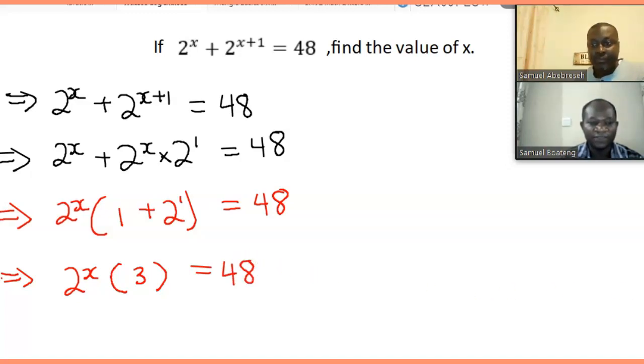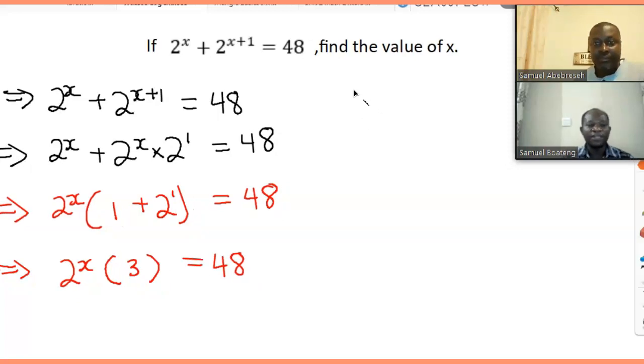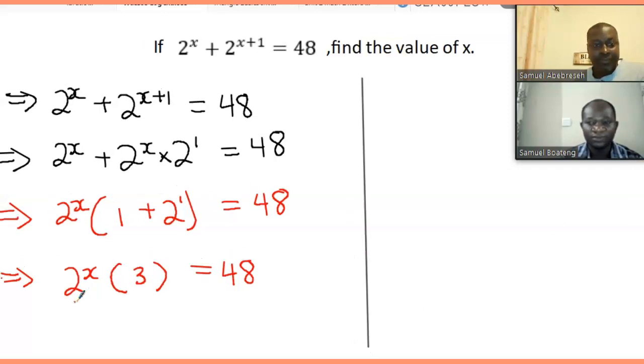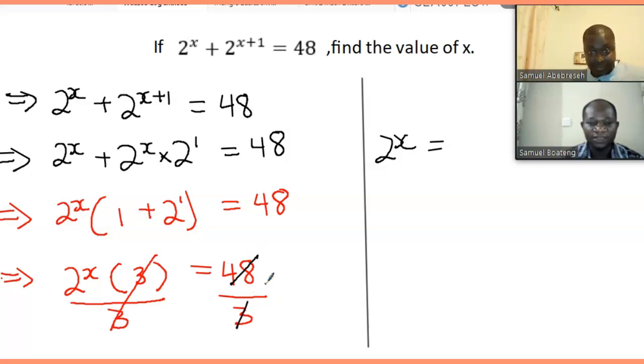So let's first divide through by 3. So on the left hand side, 3 will cancel 3. Then you get 2 raised to the power x equal to 16. 3 will go into 48 16 times.